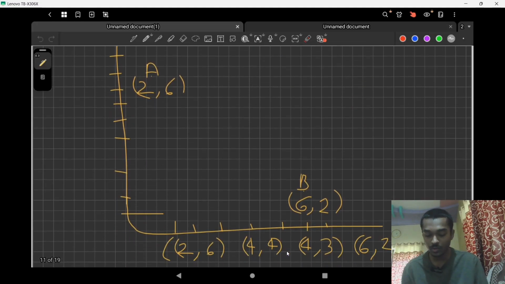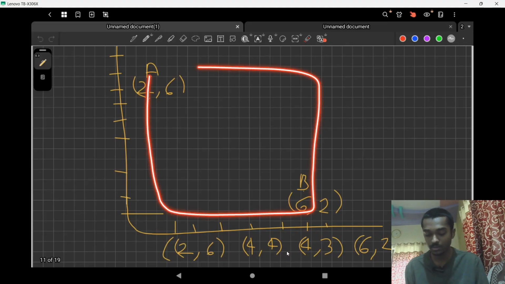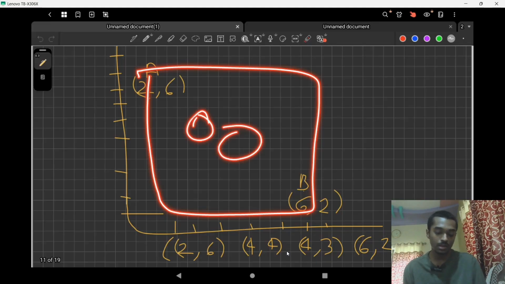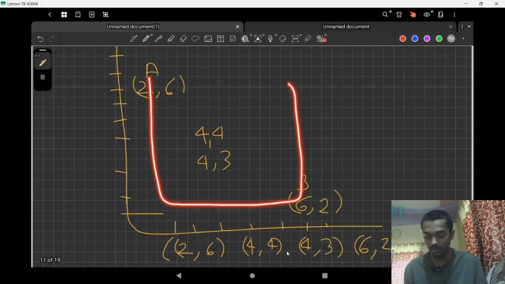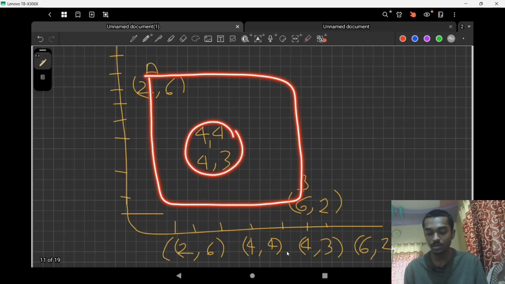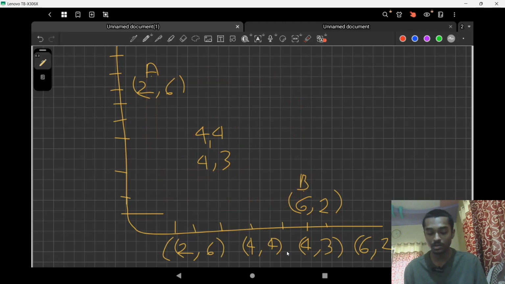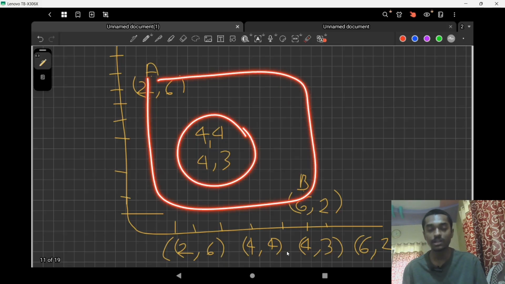After that, the second condition. If we have 2 points that form a rectangle, and any other point lies in between, this is not valid. In this case, 4 comma 4 and 4 comma 3. If you form a rectangle with these 2 points and these values are in the rectangle, that means it is invalid.